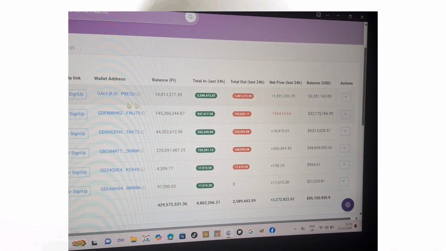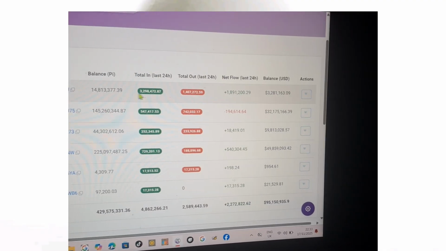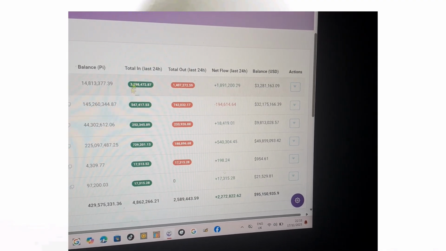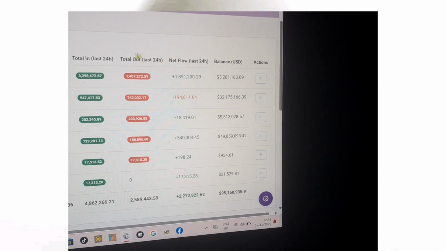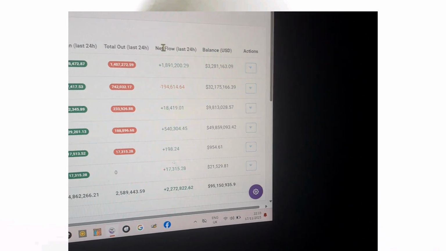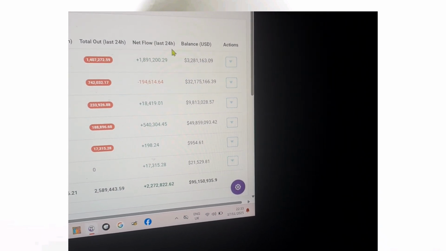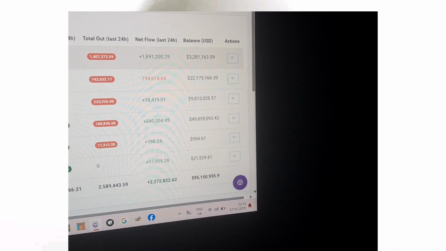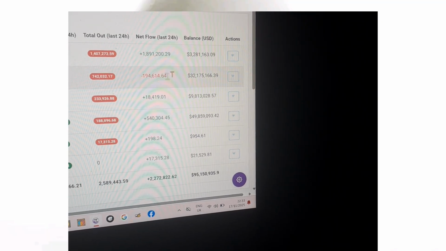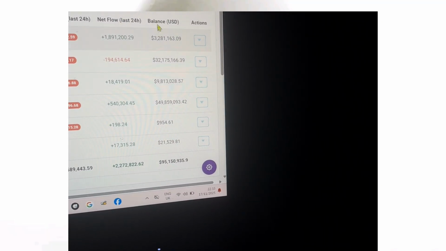We have the balance, like OKX has this balance, inflow, the Pi that was sent into this exchange, the one that was withdrawn here, the total out in 24 hours, and the net flow. So this net flow is what came in and what went out. The difference is what is recorded here, and the balance in USD is recorded here.